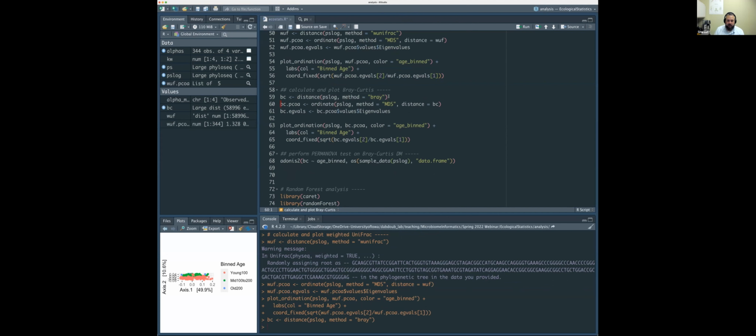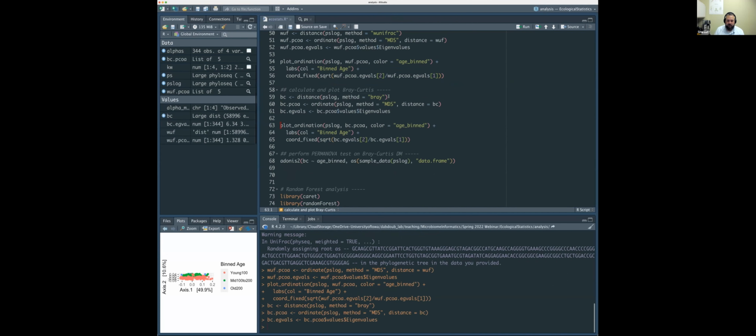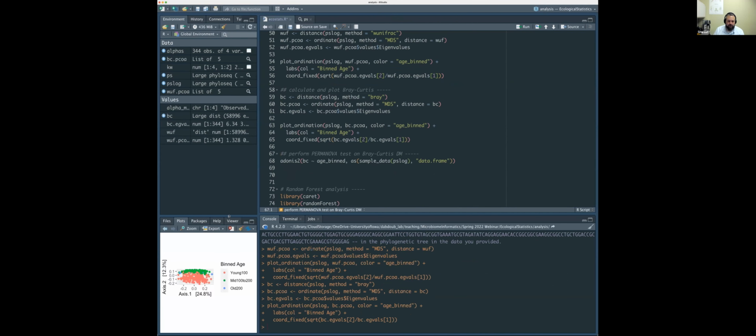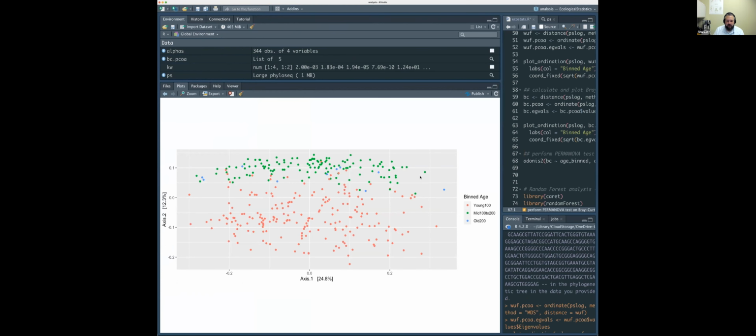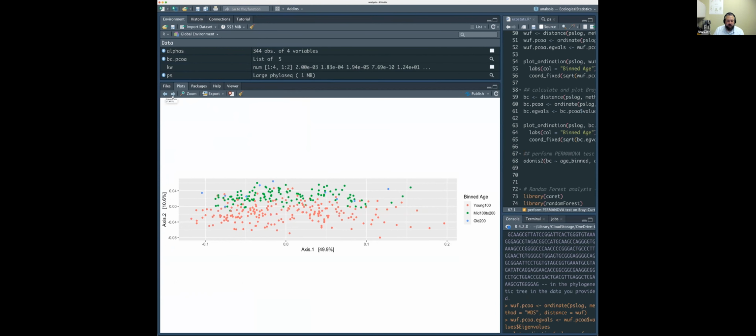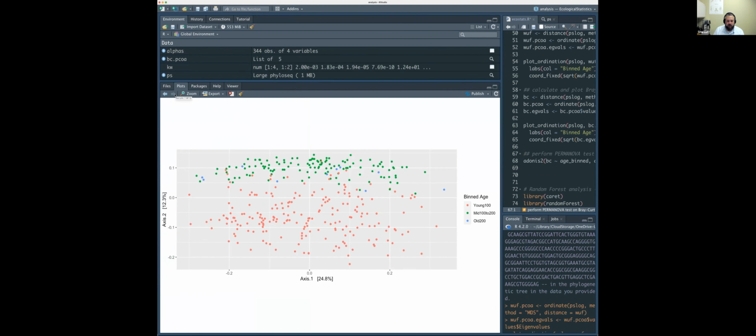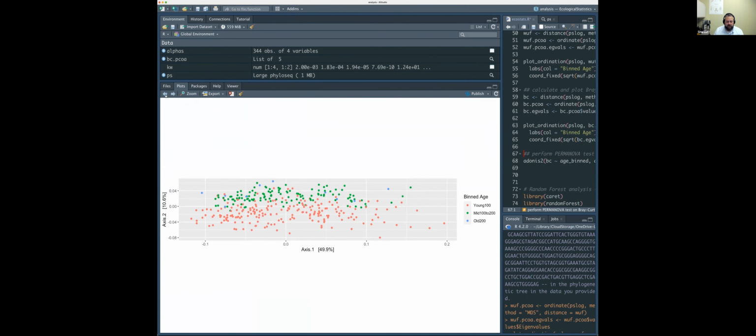So we'll calculate that, PCoA, eigenvalues, ordination plot. And there we go. So we have the weighted unifrac, and we have the Bray-Curtis. And so there are some differences in separation.